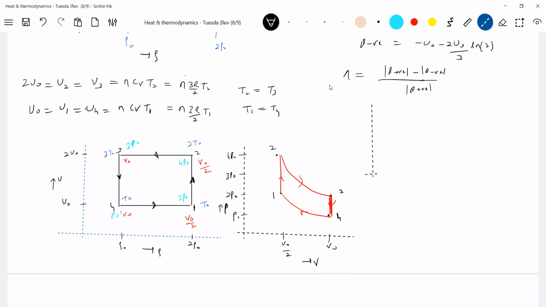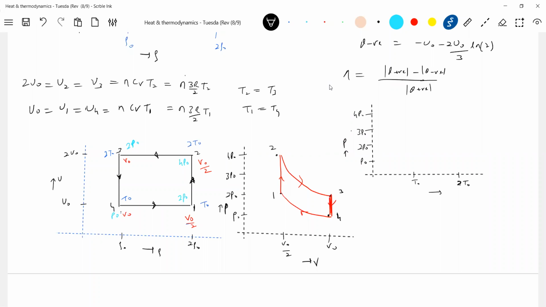Okay, I unmuted it. Next, PT graph, pressure. And the temperatures are T naught and 2 T naught. Now look at the points.